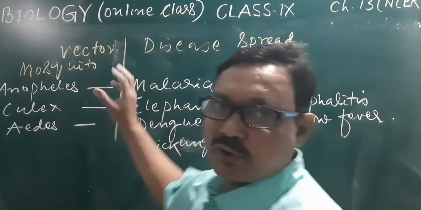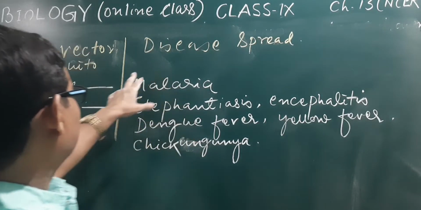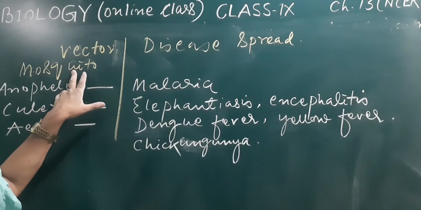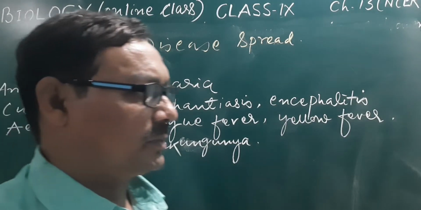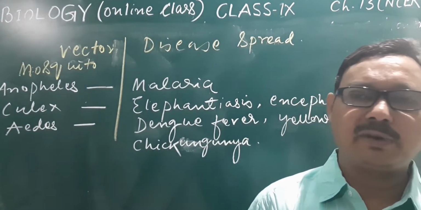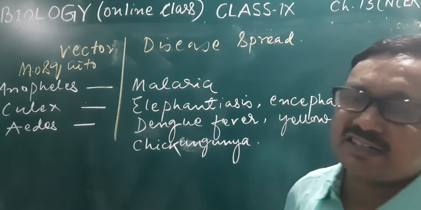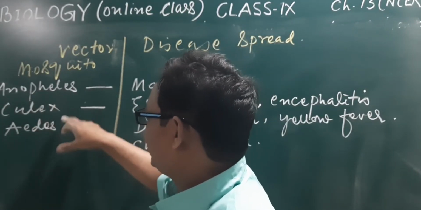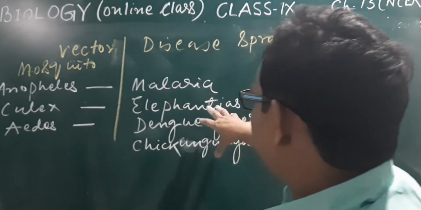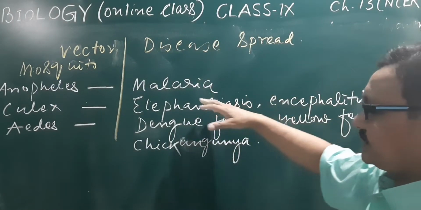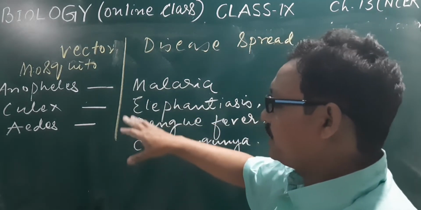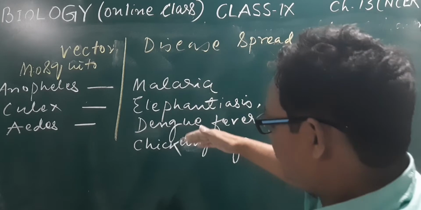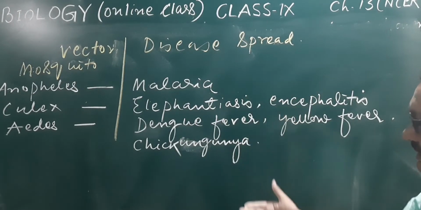Here are a few examples for the mosquito. We have seen that the female mosquito is mainly responsible and acts as a vector. Examples are Anopheles, Culex, and Aedes, which may spread diseases and act as a vector for many kinds of diseases. Here you can see the example.